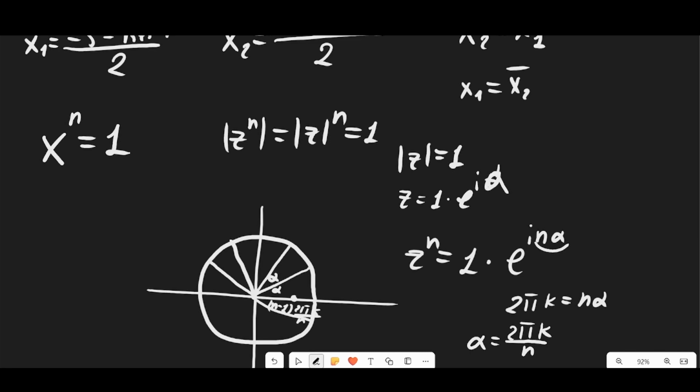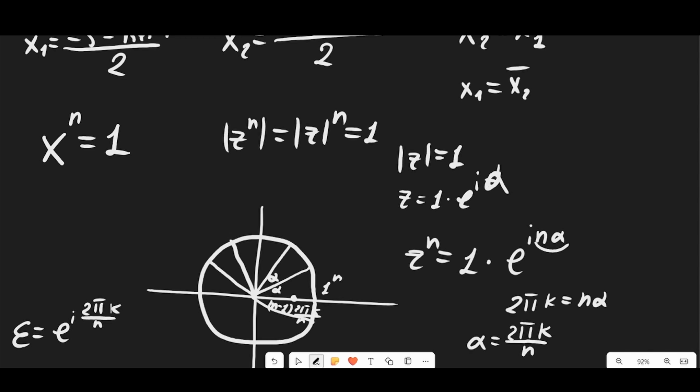This would be the last complex number whose nth power would give us 1. And clearly 1 to the n gives us 1. These roots are defined as epsilon, and they can be represented as e to the i times 2 pi k over n. Sometimes they are called the nth roots of unity.